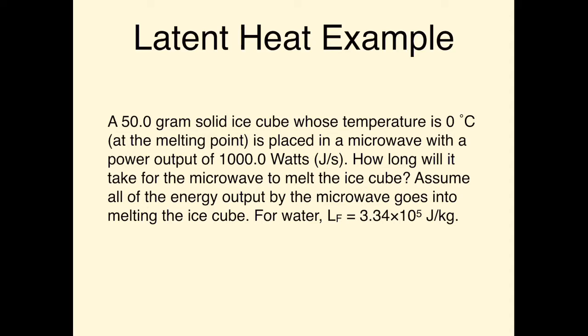So we're going to assume here that all the energy output by the microwave is going into melting the ice cube. And another piece of information we're going to need to know is that for water, the latent heat of fusion is 3.34 times 10 to the 5 joules per kilogram. So when I say the latent heat of fusion, I just mean that's the latent heat associated with melting or freezing of ice. So let's work this one out.